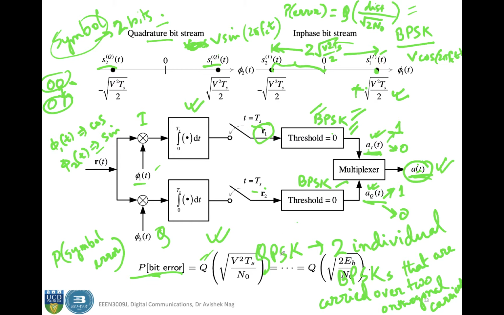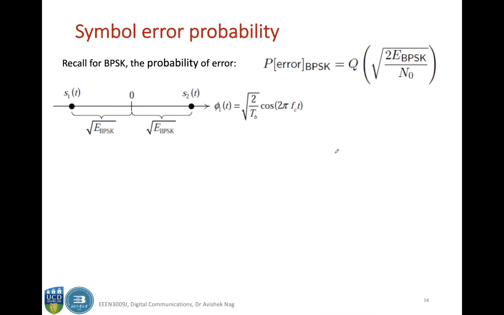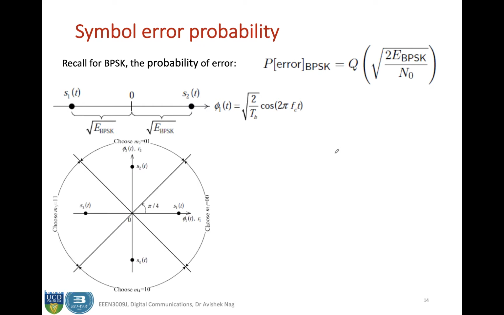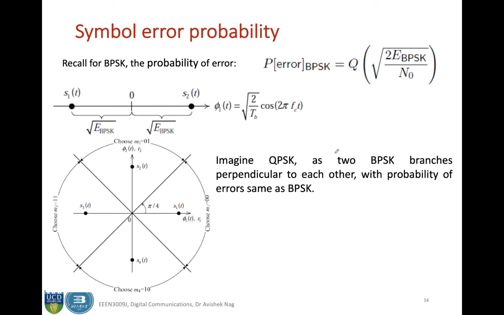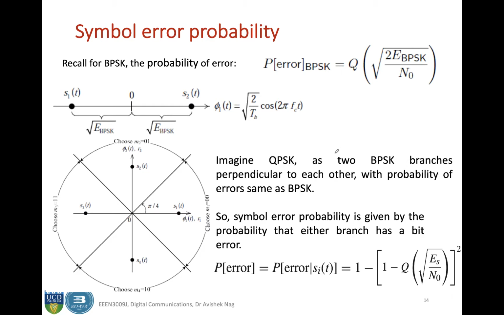So the probability of bit error for QPSK is the same as the probability of bit error for any one of these individual BPSKs. But when you are talking about symbol error probability, then things are a little different. In case of symbol error probability, you are basically trying to find out whether there is an error in the symbol or not.